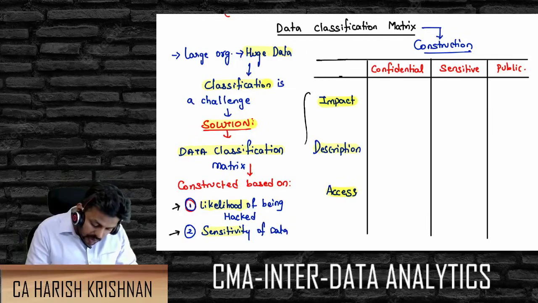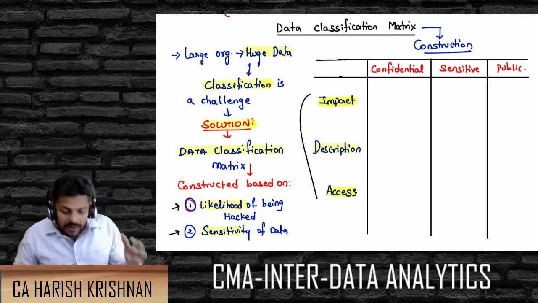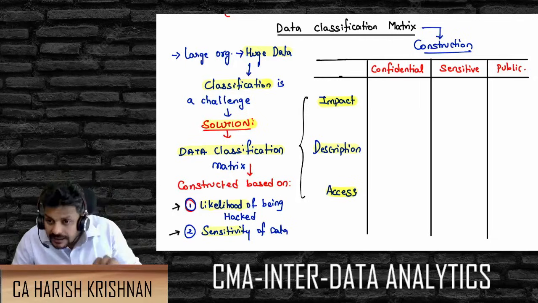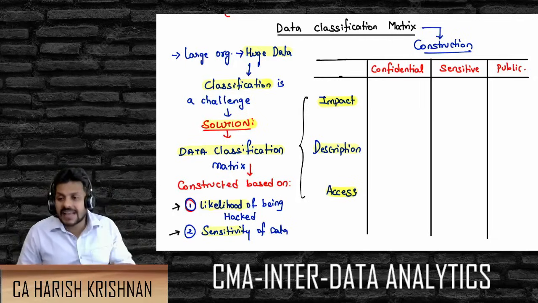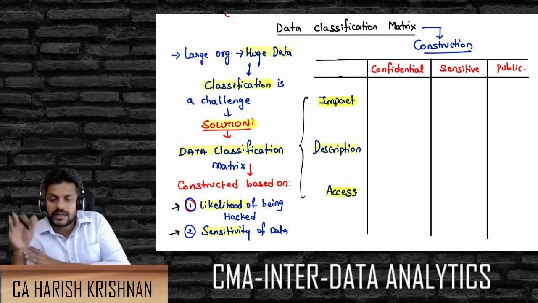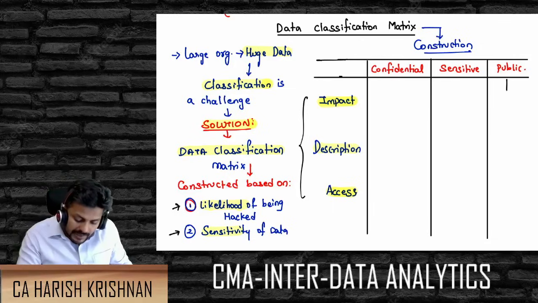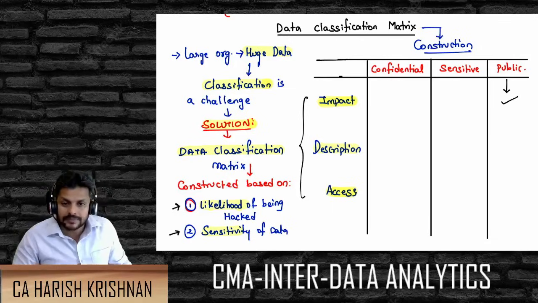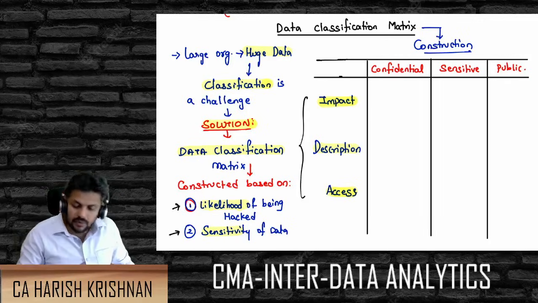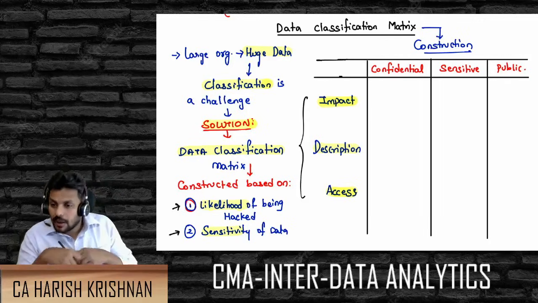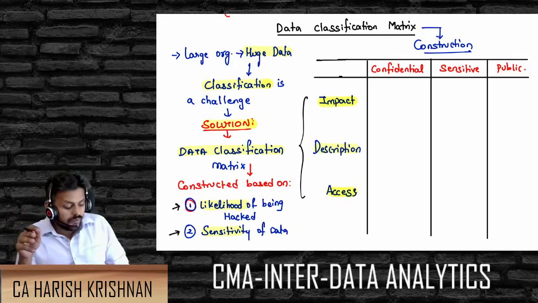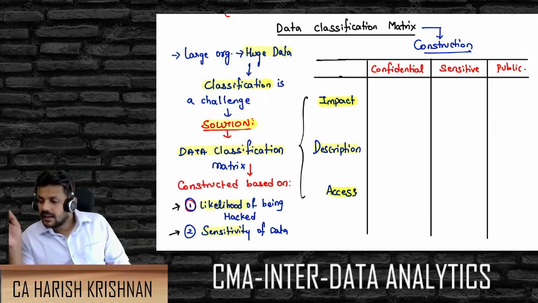So if you lose it, what will be the impact, what is the description of the data, who has access to the data, that on one side, and confidential, sensitive, and public on the other. Now, say public data, if it is hacked, what is the impact? Public data, who has access? Like that, depending on these, if you make the classification, the job becomes way simpler for you to understand which one falls where and what gets the priority.